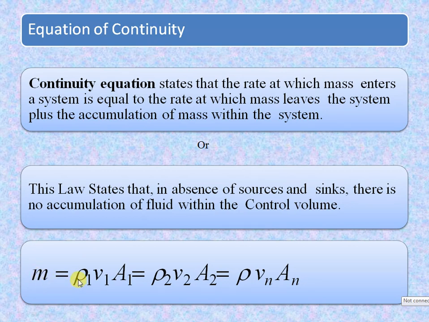If you take sections at different levels, you get the same mass flow rate. We can write the equation as rho 1 v1 a1 equals rho 2 v2 a2, and the density remains the same if the fluid is incompressible. So vn and an are the values at the nth section.